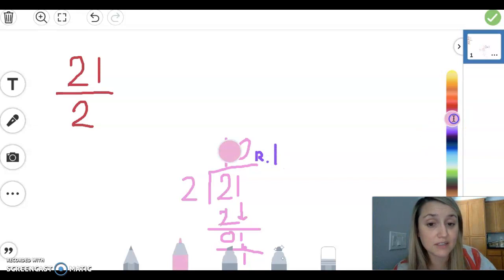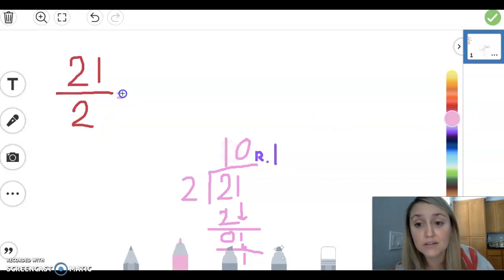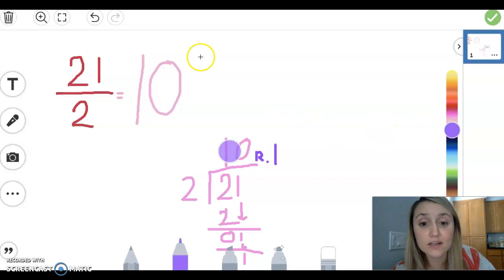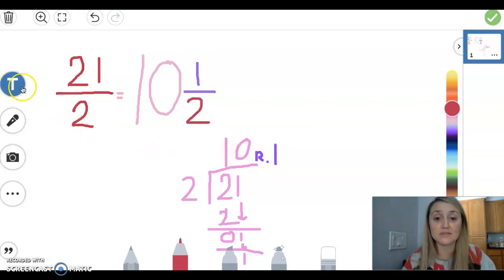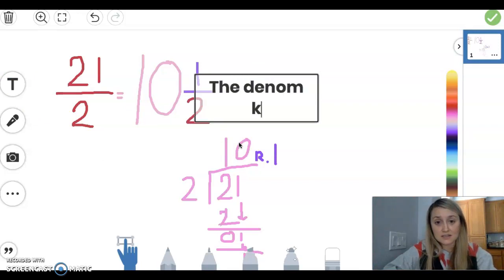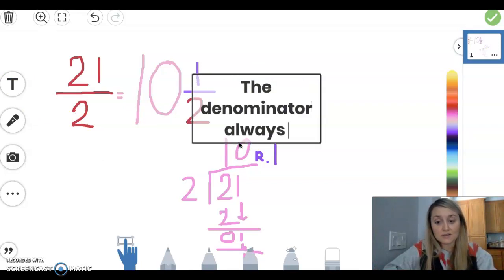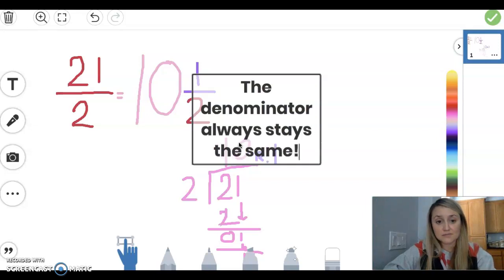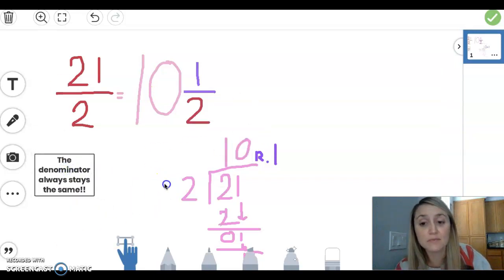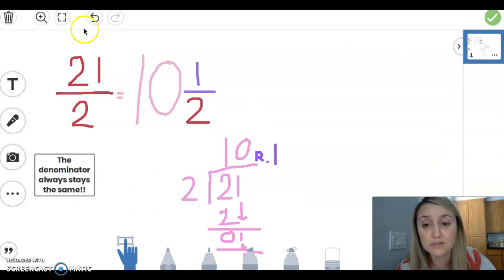So that means our whole number would be our 10. The remainder would be our numerator, and then don't forget the denominator always stays the same. So that's like a big rule. So don't forget this rule because it's super, super important. It's going to be the same when we do mixed numbers as well.